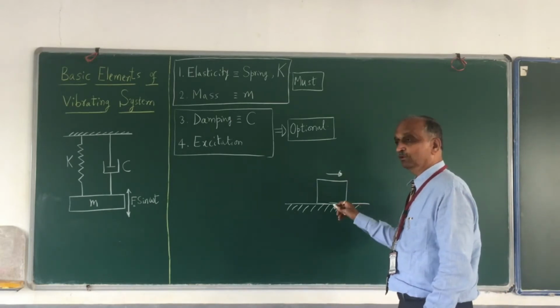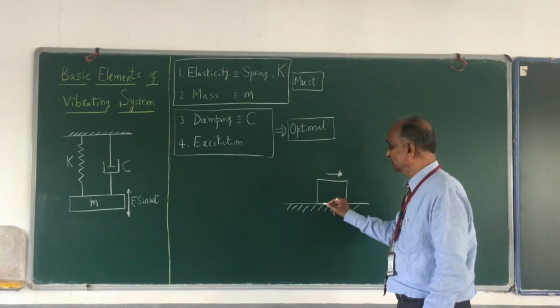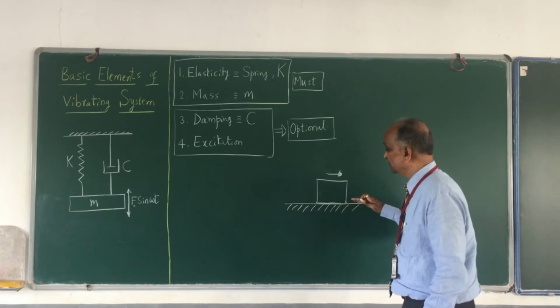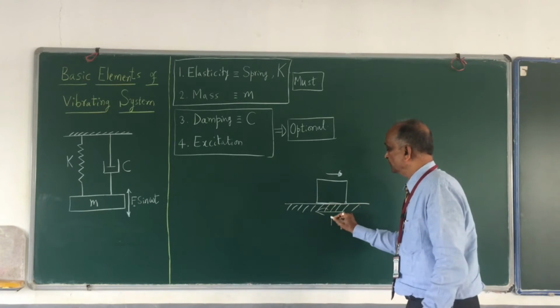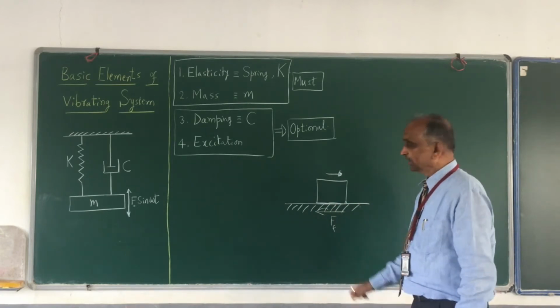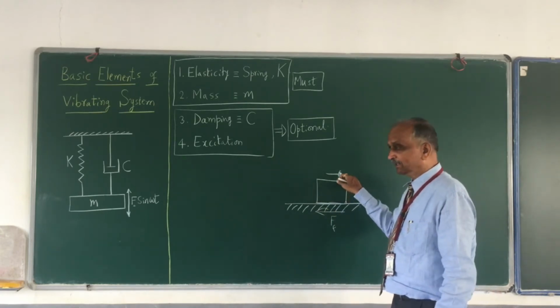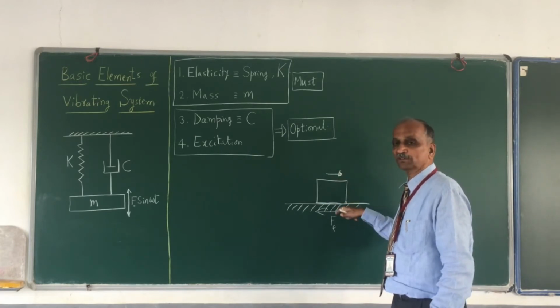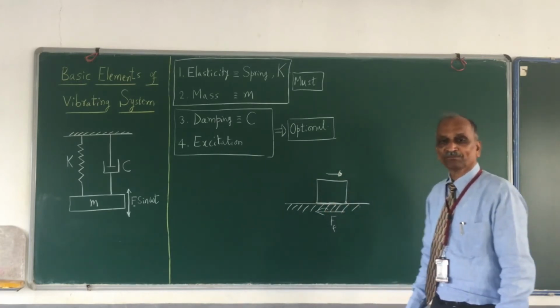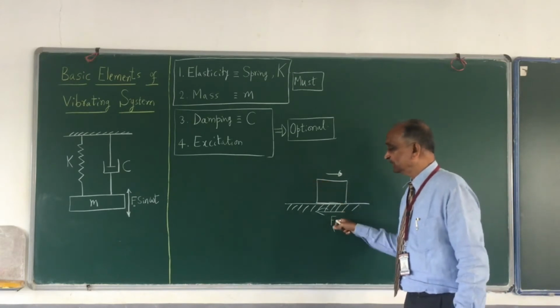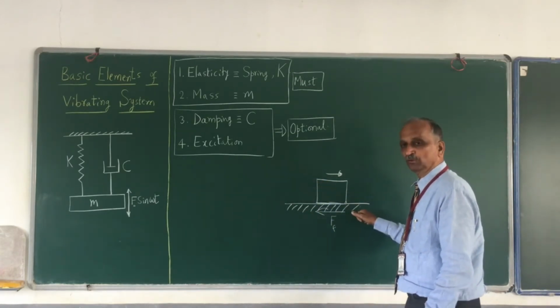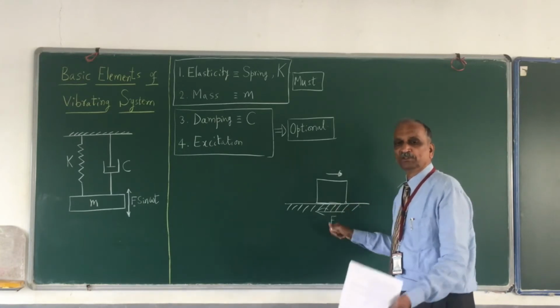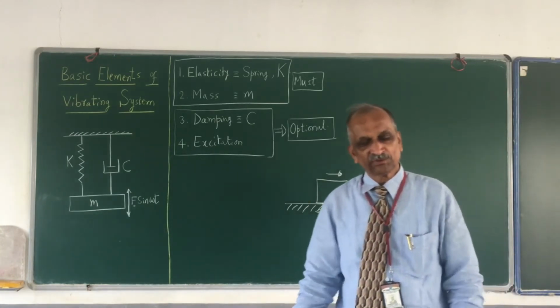When it tends to move, if I apply some force, and if that force is sufficient to overcome the friction force which is opposing, it will start moving. If it is more than this friction force, then only it will start moving. If that force is less than the friction force, then it won't move. Though I am trying to move, why is it not moving? Because the friction is opposing. What is friction? Friction is a damping.